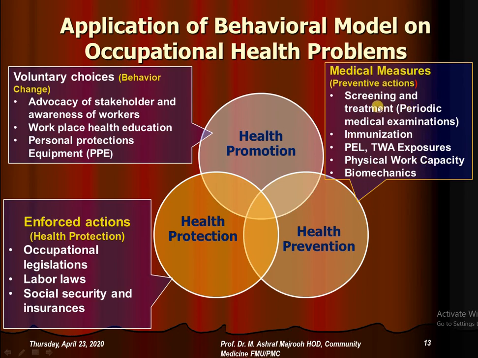Similarly, in screening and treatment, periodic medical examination, immunization, permissible exposure levels adjustment and time-weighted average exposures setting, physical worker capacity estimation, and use of biomechanics. This is the application of the behavioral model on occupational diseases.